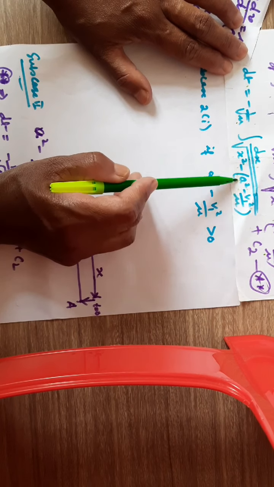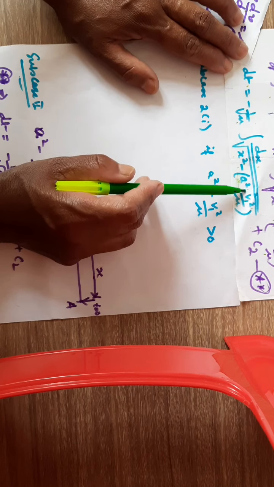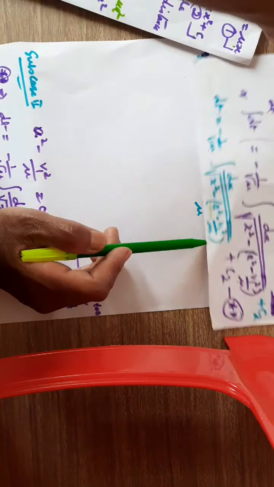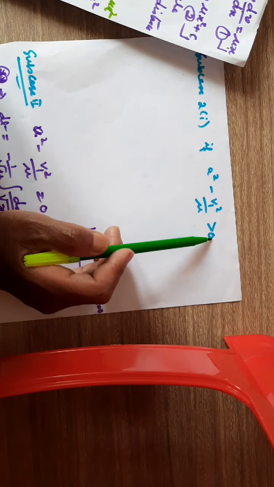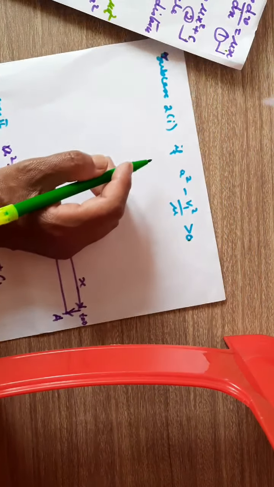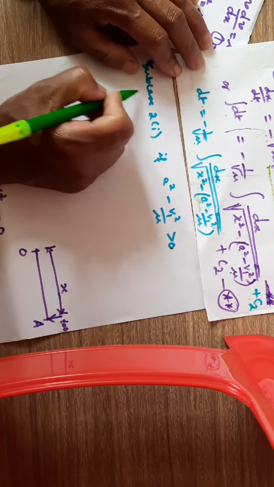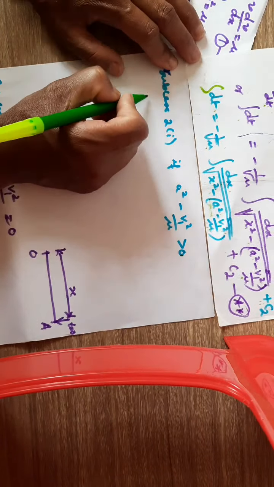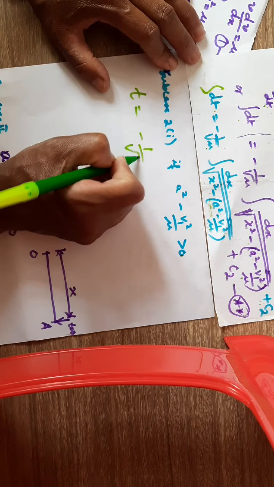That is, if this term inside the bracket, a square minus v1 square by mu, is greater than 0. So what will be the condition for this one? If this is greater than 0, then on integrating this one, you'll get t is equal to minus 1 by root mu.